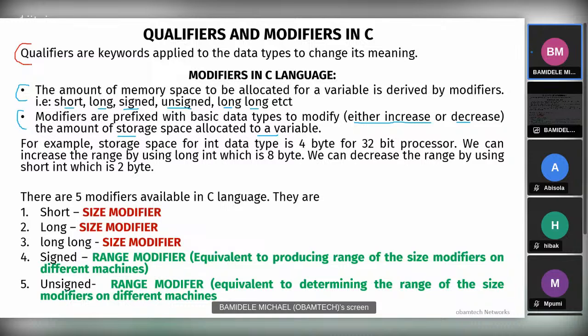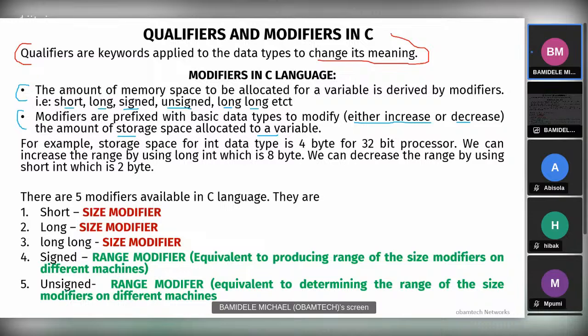What is a qualifier? Qualifiers are keywords that are applied to the data types in order to change its meaning or property. So qualifiers are keywords applied to the data types, and they change the meaning of that data type. What do we mean?